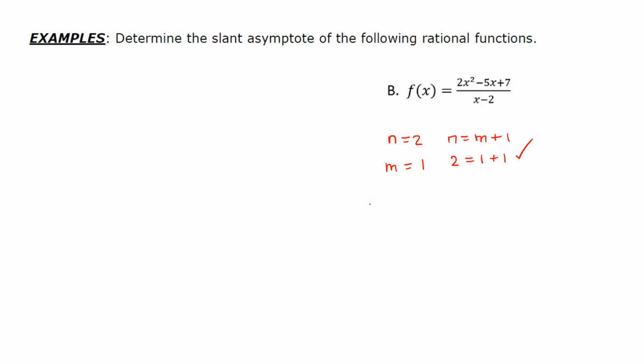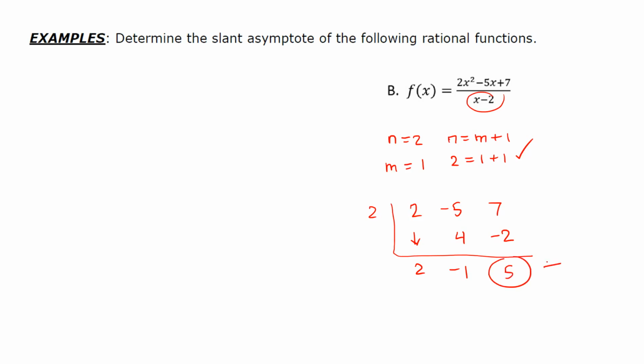Now we can perform division, and since this is a binomial, we can actually use synthetic division. So we have 2, negative 5, and 7. Bring down the 2, multiply, add, multiply, and add.